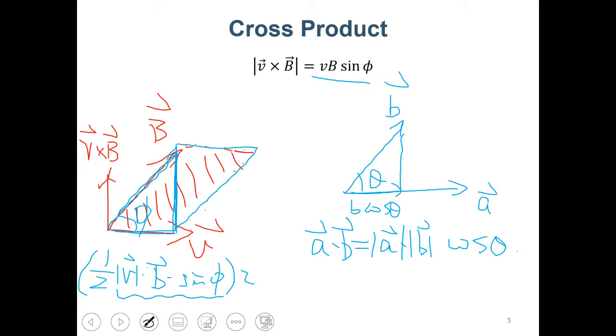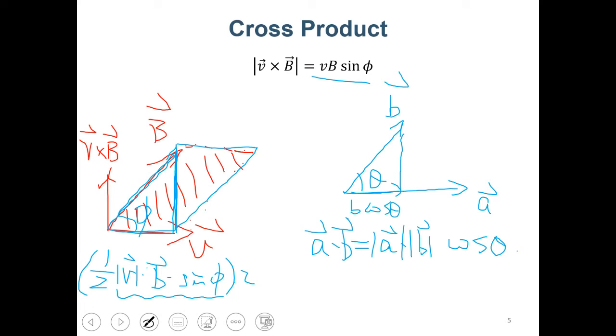So in this case, we have i cross i, i cross j, i cross k, and then j cross i, j cross j, j cross k, and k cross i, k cross j, k cross k. So we have totally nine combinations between them.